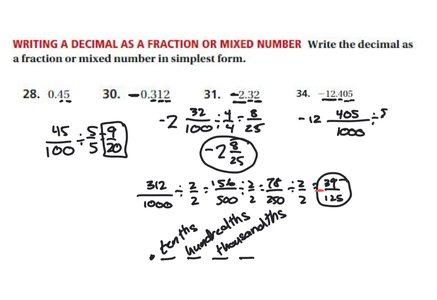I know I can divide by 5 over 5. 405 divided by 5 is 81. 1,000 divided by 5 is 200. So I end up with negative 12 and 81 200ths. And it can't be simplified anymore. There's no common factor between the 81 and the 200.